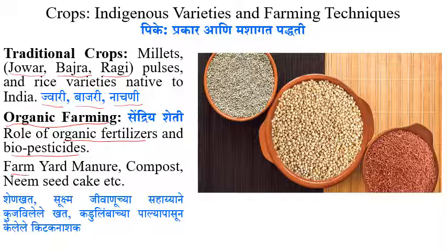At that time farmers were using farmyard manure, compost, and neem seed cake, which is one of the best fertilizers, and along with that it is also a very important insecticide and soil conditioner.